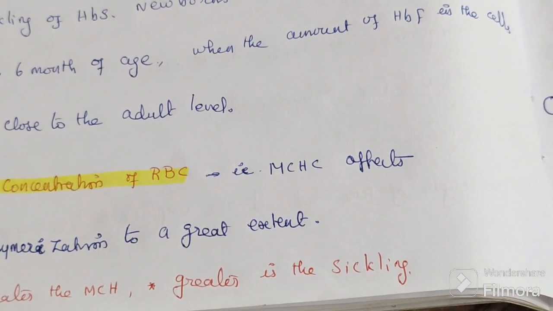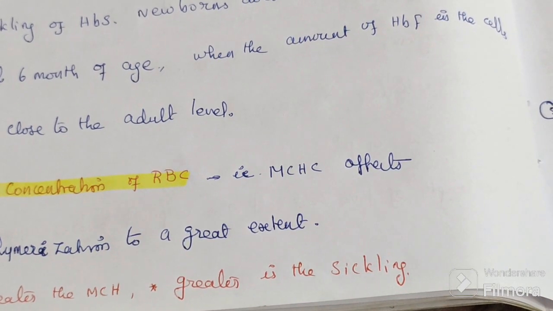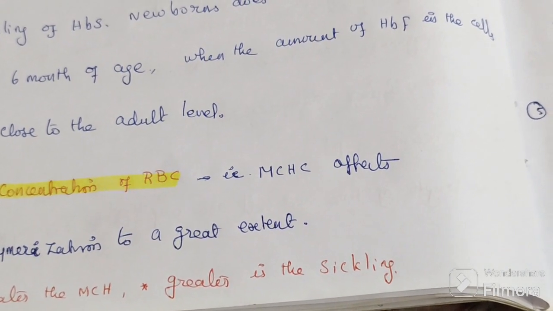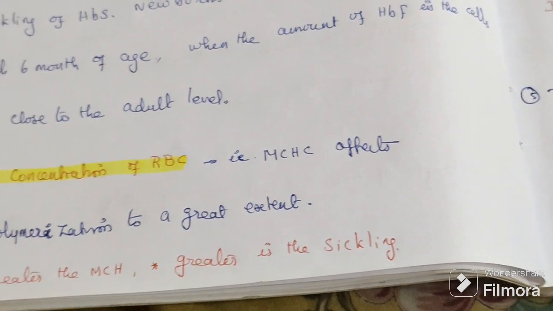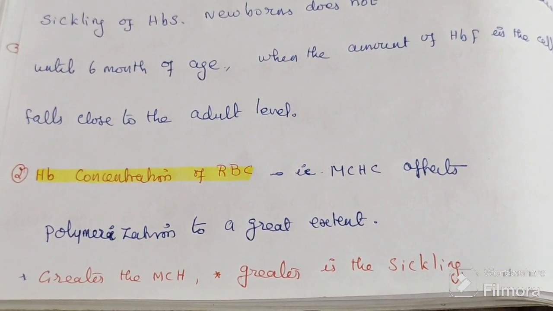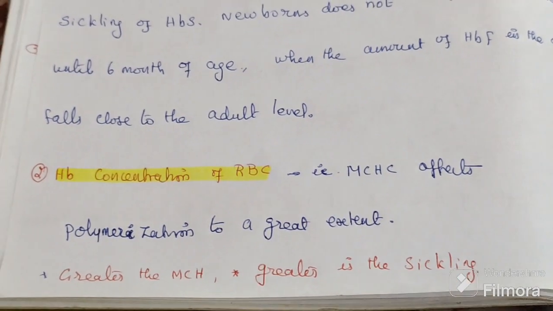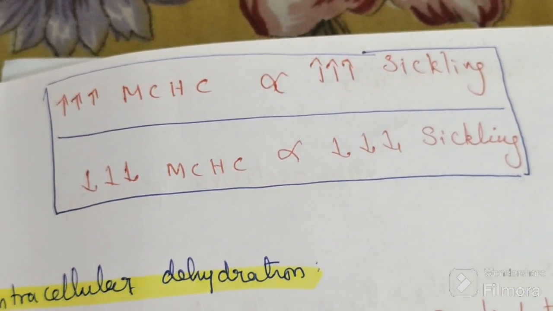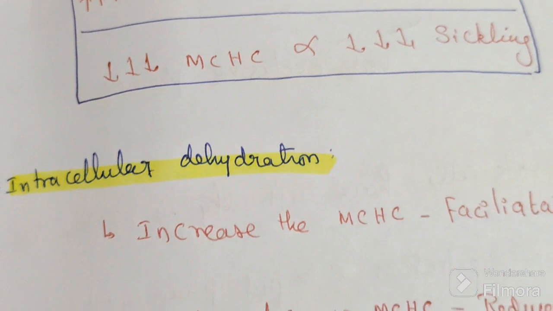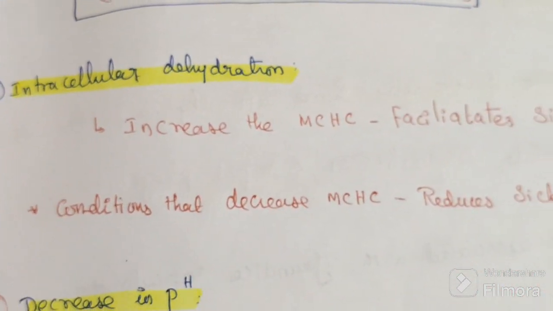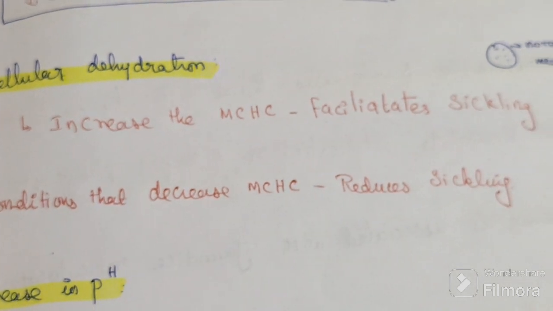More MCHC means more sickling, less MCHC means less sickling, and MCHC depends on intracellular dehydration. So the greater the MCHC, the greater the sickling. The third point is intracellular dehydration: how much water is present inside that RBC?